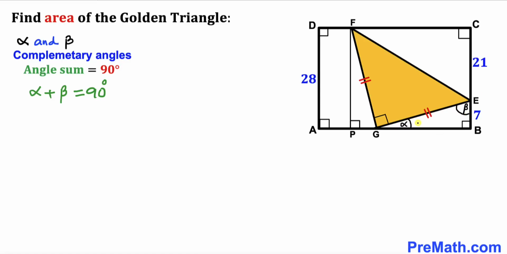Now we know that this angle is alpha, this angle is 90 degrees, so this angle has got to be our angle beta. Finally, let's focus on this right triangle GPF. This angle is beta, this angle is 90 degrees, so this angle has got to be our angle alpha.